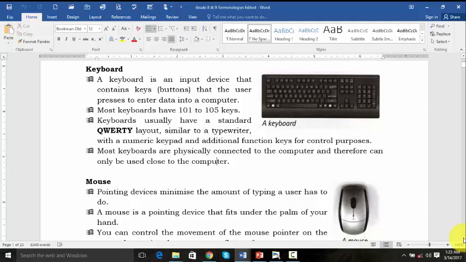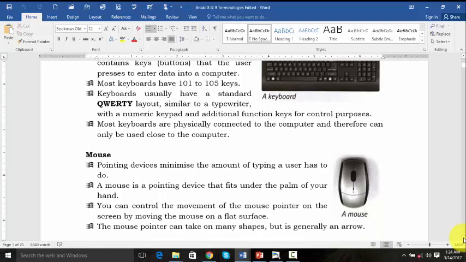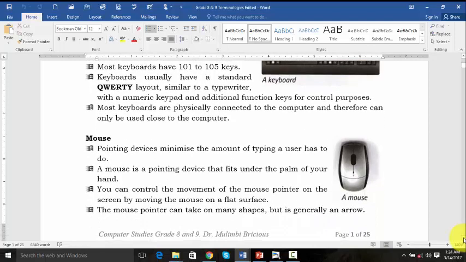Wireless means that this component is connected to the computer without a wire. It is using relays, for example, like the way Bluetooth works or the remote control works with the TV or the radio. That's how this hardware can also work with the computer. Without a wire, you can be able to operate the computer. That is what we call wireless or cordless. Then those with wires are where you plug a wire there and then the device will start operating.